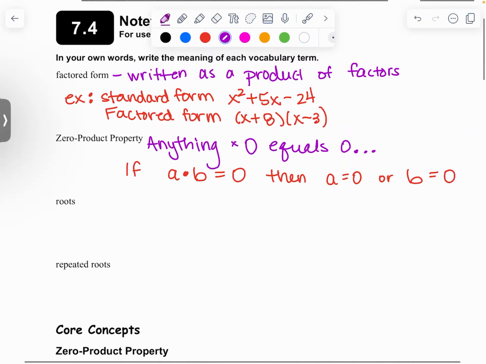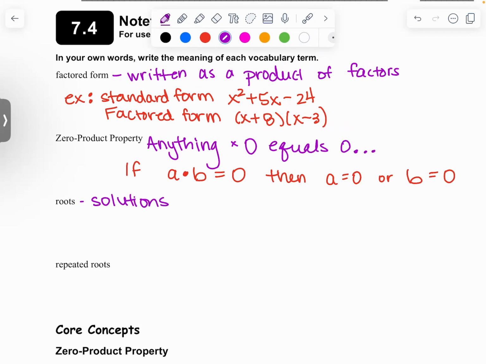Now, when we're talking about the roots of a polynomial, the roots are really a fancy word for solutions. Two things you need to know about roots, aka solutions. Thing number 1, it's where y equals 0.